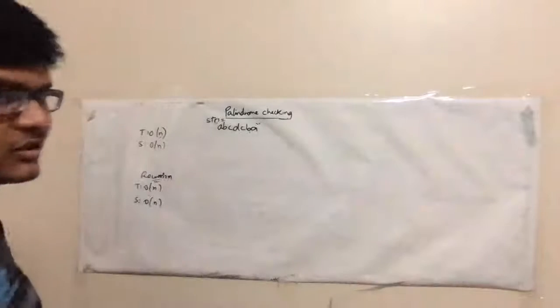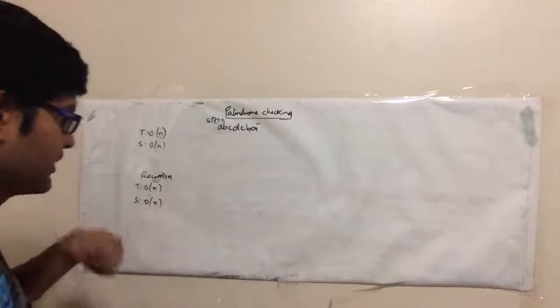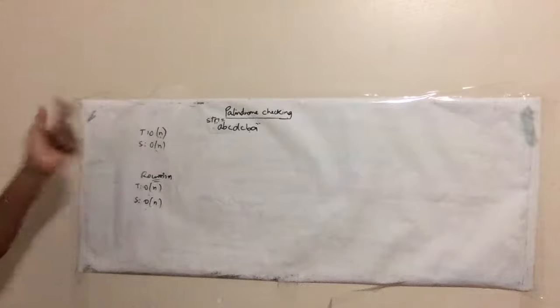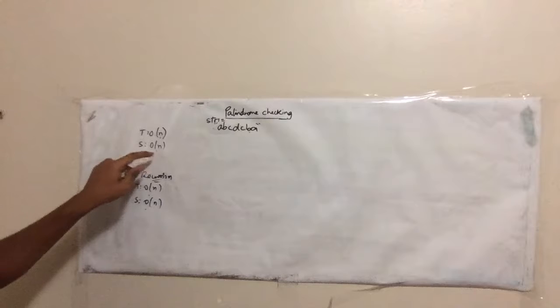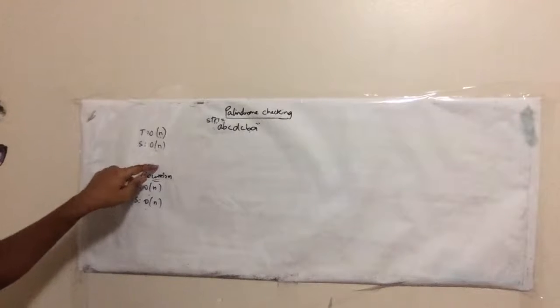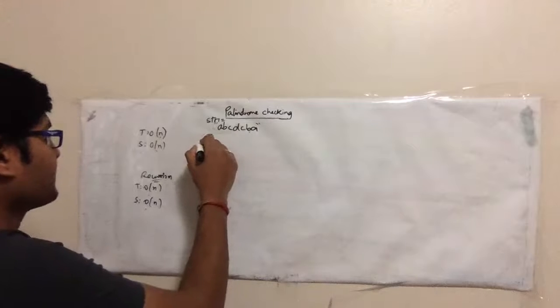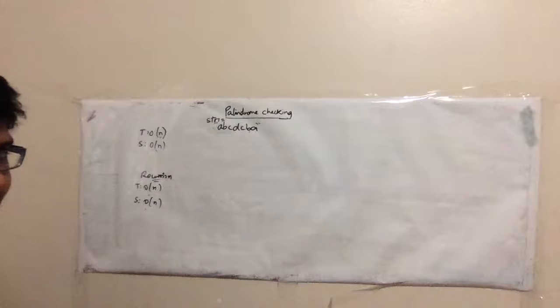Now we will see whether there is anything we can do, still an improvement for this. Yes, we can definitely do improvement for this. We can still improve the space complexity and make it big O of 1. So how can we do that?